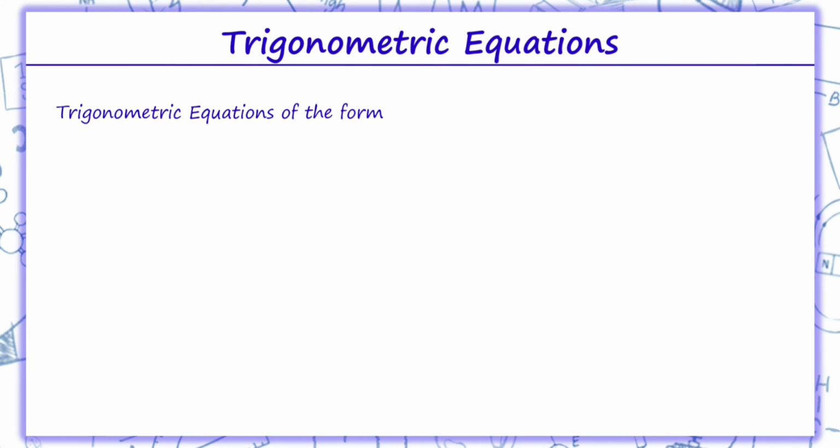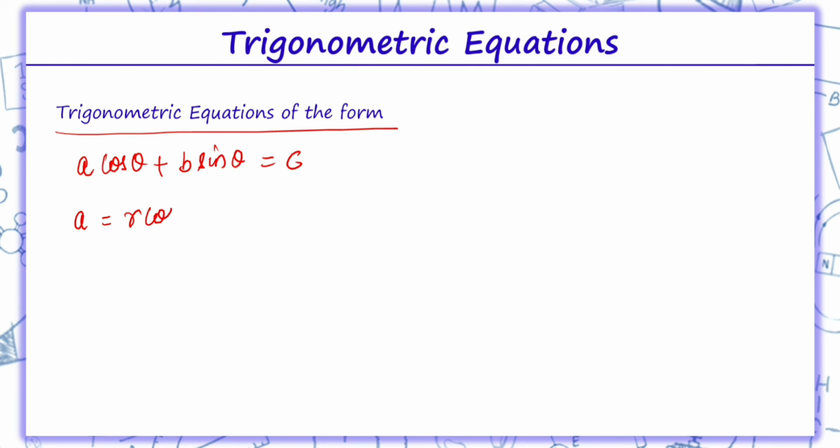Coming on to the next concept. The next concept is trigonometric equations of the form a cos theta plus b sin theta equals c. If the trigonometric equation is of this form, then in place of a we'll put r cos alpha, and in place of b we'll put r sin alpha.